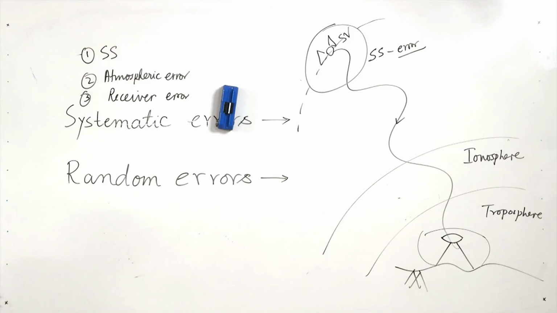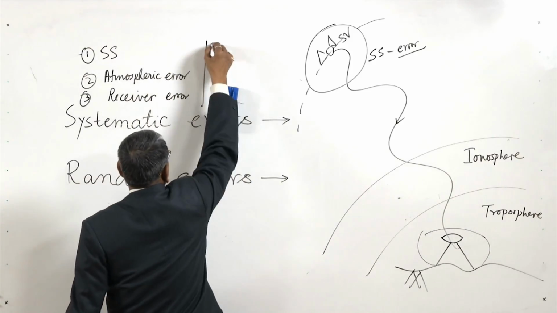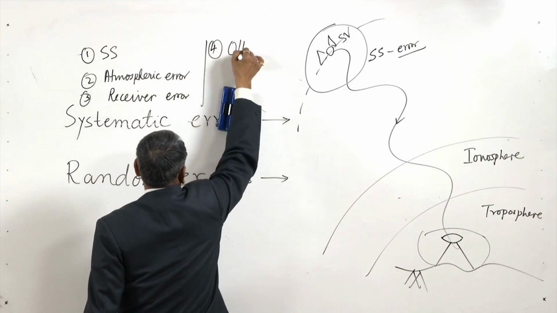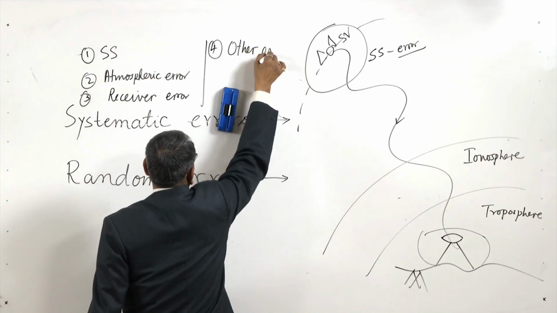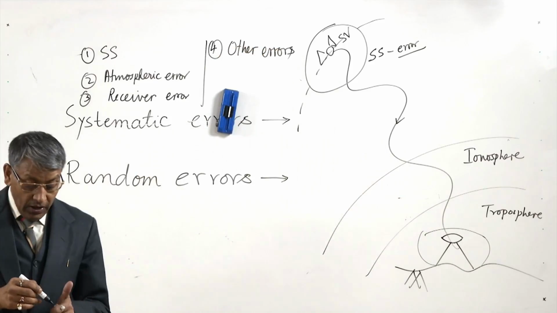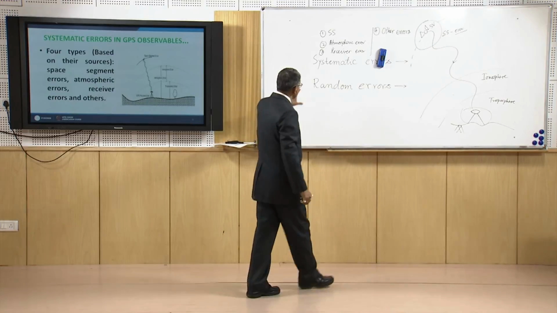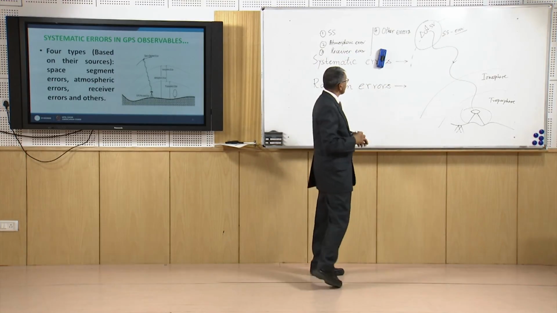Apart from that, there may be some other error. So under these 4 heads the systematic error may be explained.